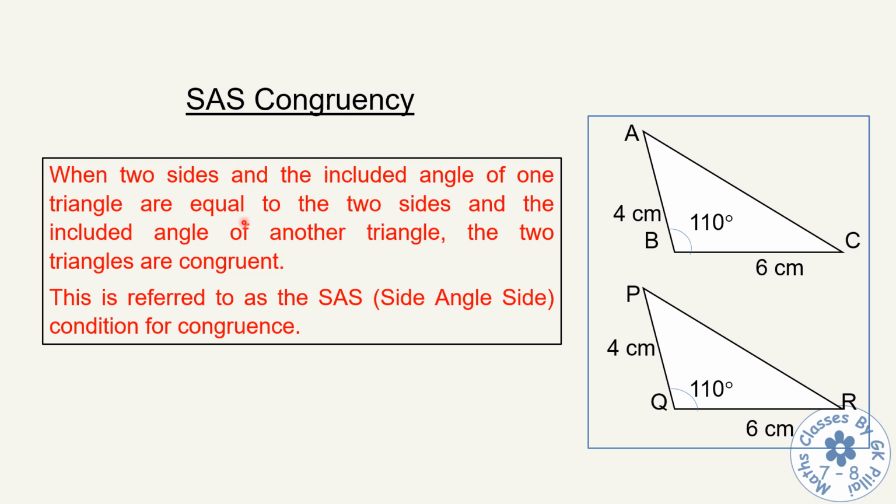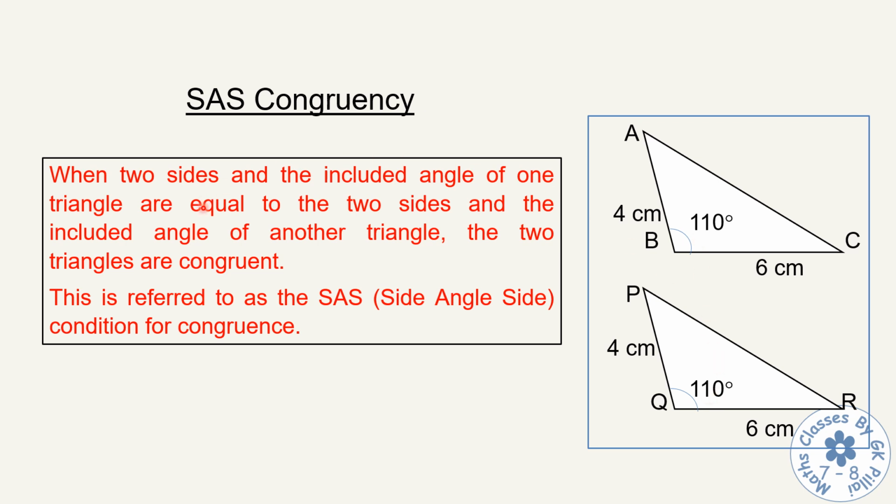So you should be thorough with this statement. Based on this concept only you will be doing the sums. So here, when two sides 4 centimeter and 6 centimeter, here also 4 centimeter and 6 centimeter, and the included angle, meaning the angle which comes in between here.